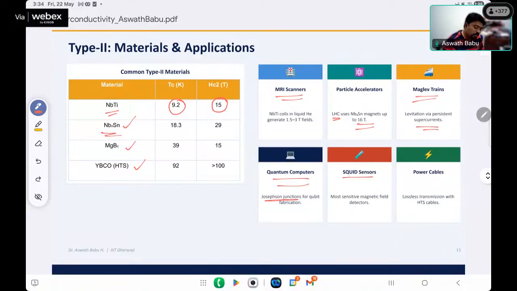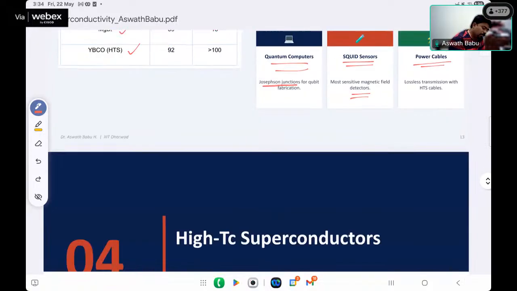It is also used most in SQUID sensors, as SQUIDs are very sensitive to magnetic fields, so we can build detectors out of them. Also, lossless transmission with HTS power cables is possible, but it always needs to be cooled to lower temperatures. Okay, these are the applications.